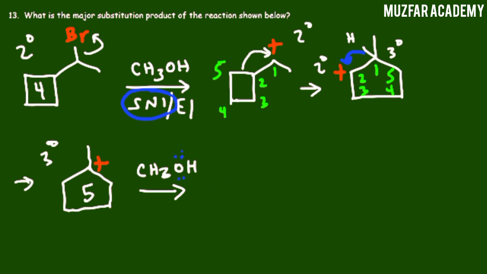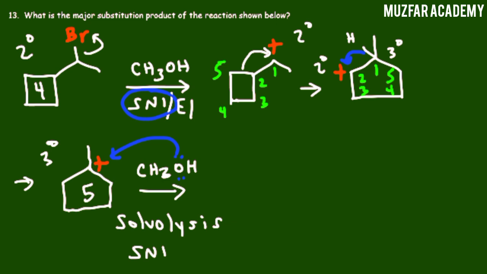the solvent is going to behave as a nucleophile, reacting with the carbocation. When the solvent is the nucleophile, the reaction is known as a solvolysis reaction. This reaction is typically associated with an SN1 reaction, but sometimes you'll see it with an SN2 reaction.